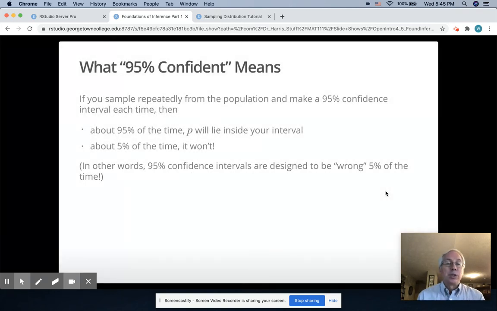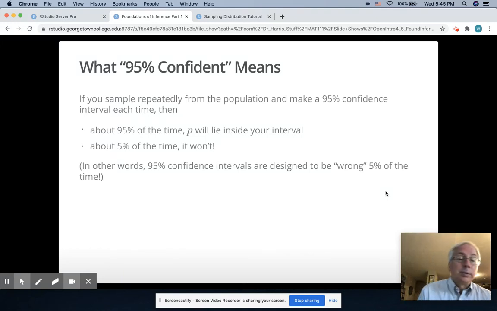Okay, so again, just to review what we mean by 95% confident, what it means is that if we did this over and over and over again, we conducted samples of the same size from the population, then we're using a method that 95% of the time generates an interval that will contain the population proportion, which of course means that 5% of the time it won't work.